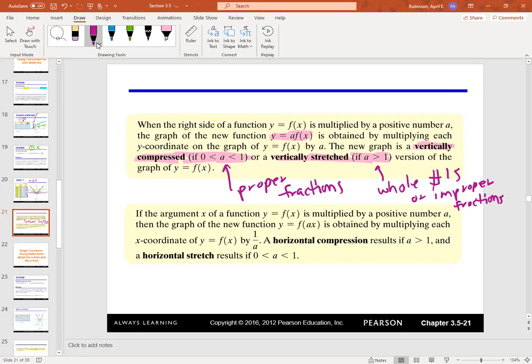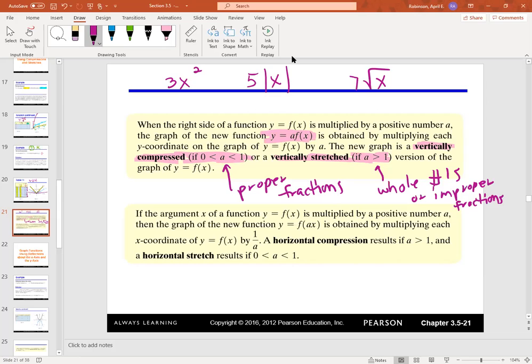What if it's on the inside? Well, it'll be the reverse. You can see up here, they put the a in front of the entire function. So that would be like if you had 3x squared, or 5 times the absolute value of x, or 7 times the square root of x.